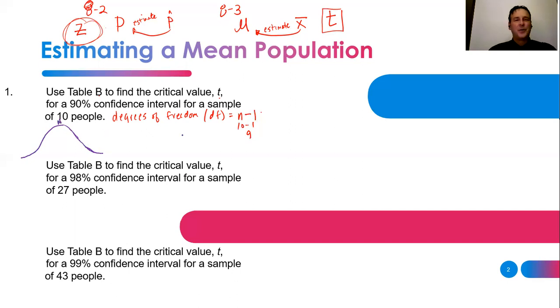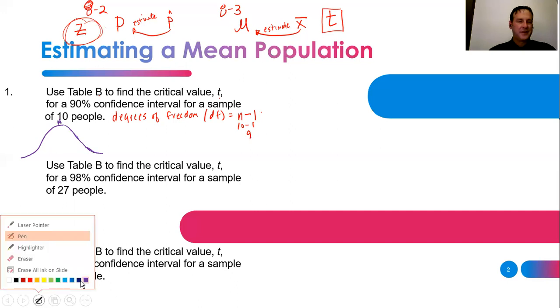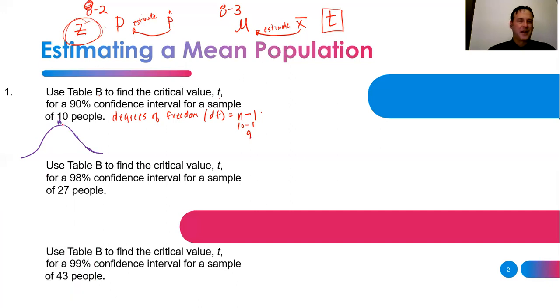So I'm going to have a little bit more unique looking curve. The peak will be centered around the same spot. We're still going to have an average of 0. However, the tails will be a little bit higher, and the peak will actually be a little bit lower. So you'll end up having something that kind of looks like this.